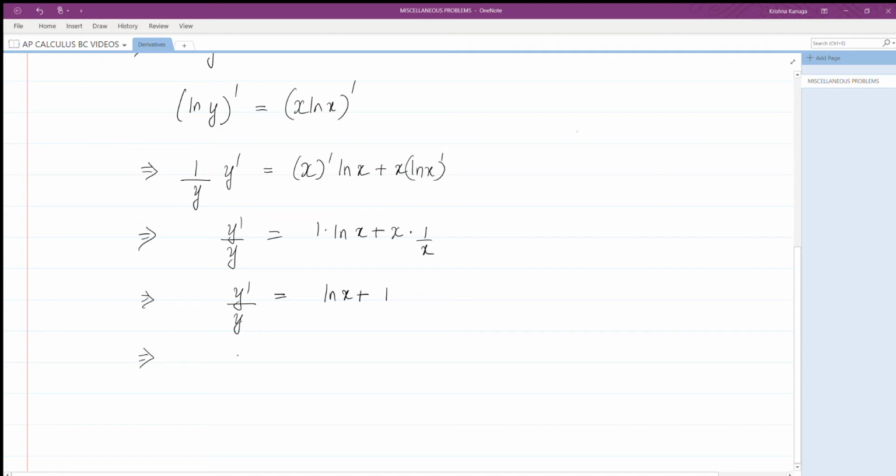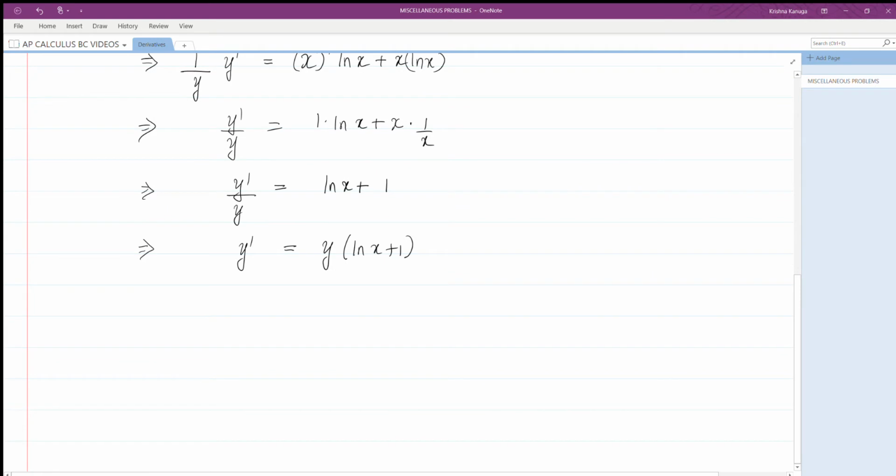Now we are ready to isolate y prime, and we can write it as y prime equals y times ln x plus 1, and we can finally replace y with x to the power x times ln x plus 1. So this is the derivative of the function x to the power x.